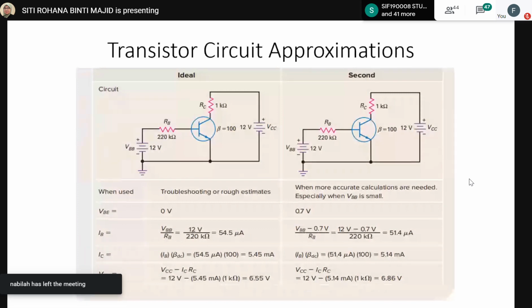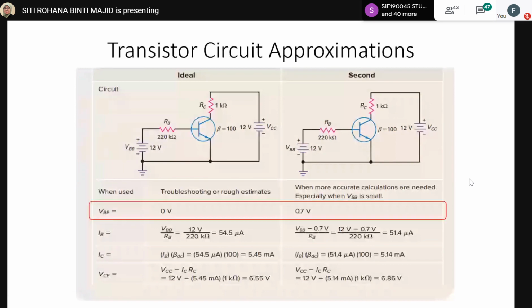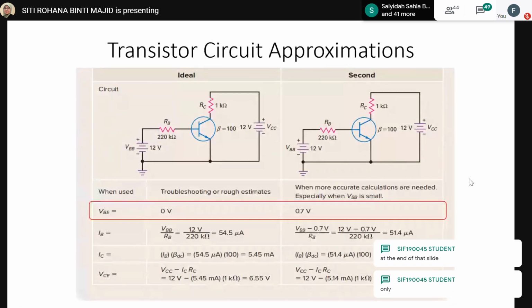This slide, transistor circuit approximation, is it lagging? I mean, starting from this slide, right? Or this slide? Okay. At the end of that slide only.